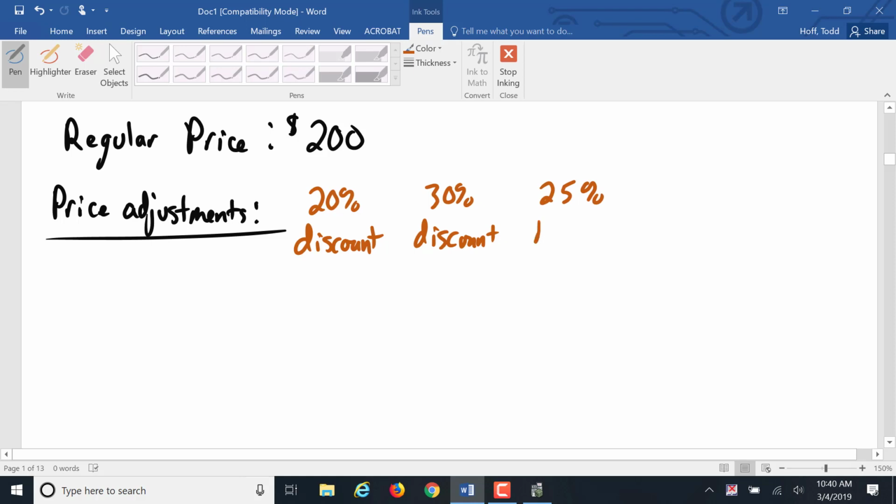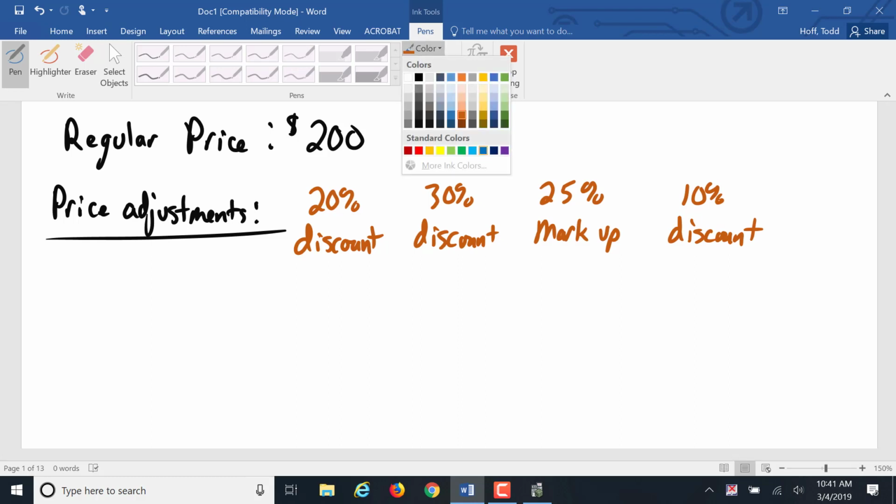So it's a 25% markup again. So it goes back up because now it's back in season. Maybe it's winter boots or a winter coat or something like that. And then let's say that the new product line comes out. So a 10% discount or 10% markdown to reduce that price again so that we can get it off the shelf and make room for the new product line.